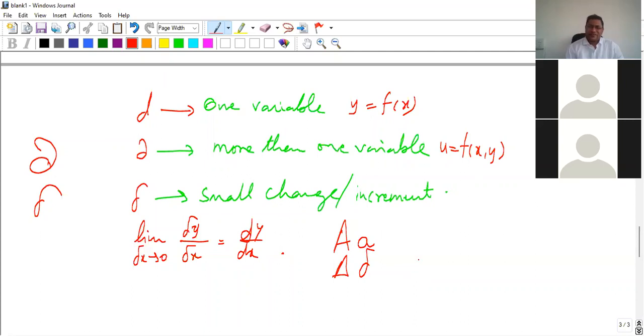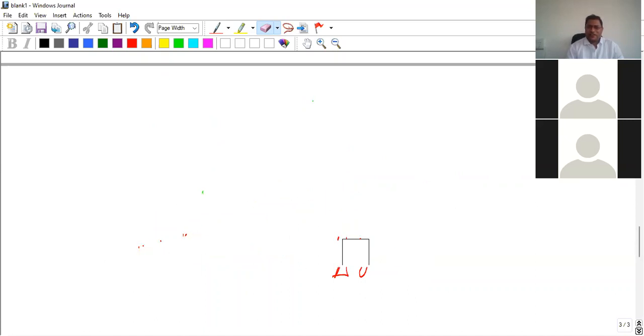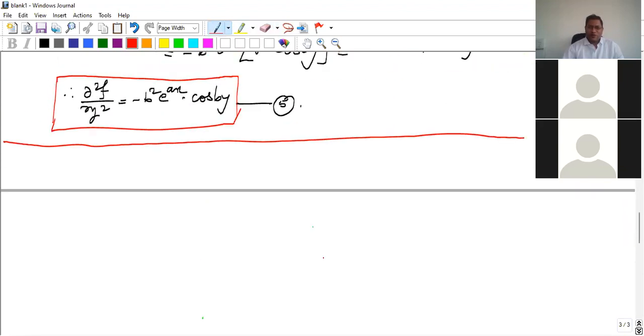So we have to be very careful about notation in mathematics. That we'll see in our next module. Now, is there any doubt in this example? No doubt. Okay, that's good.